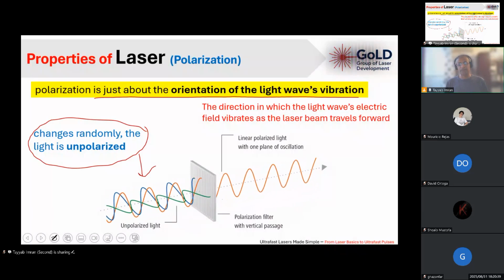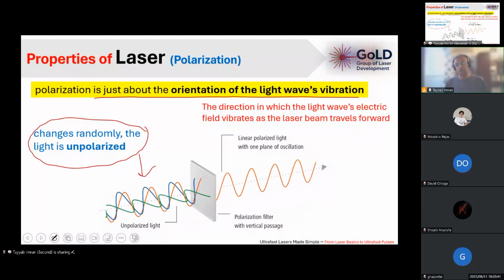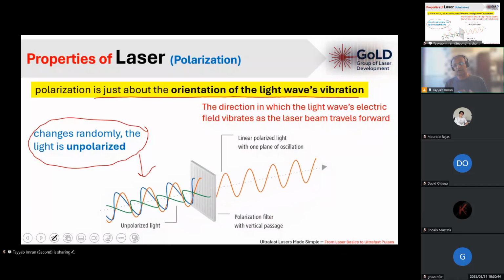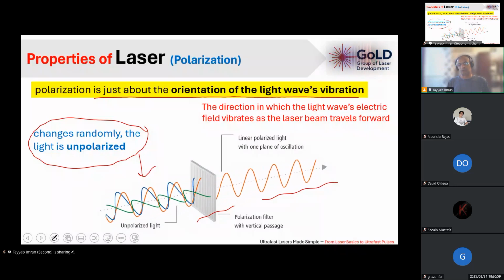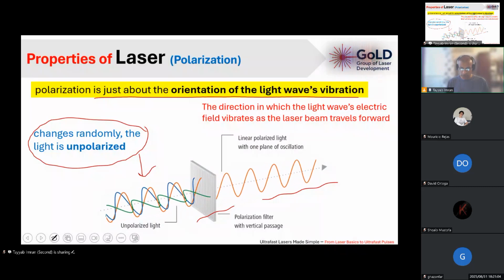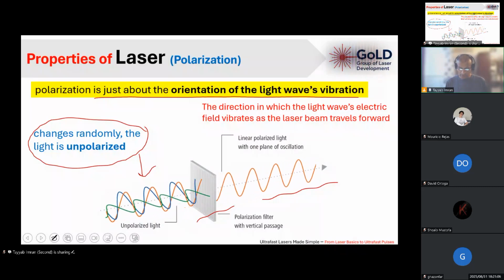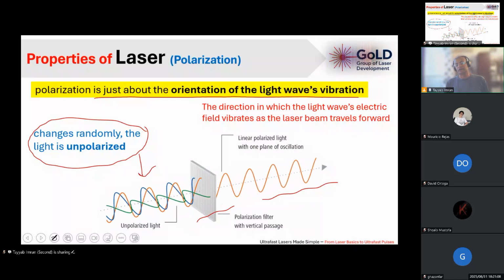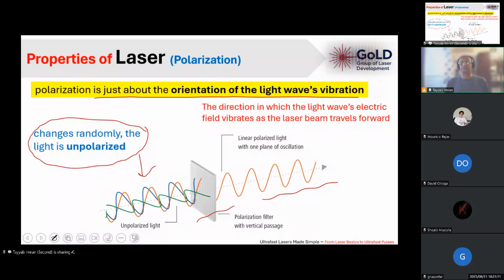If it passes through a polarizer or polarizing filter, it becomes polarized. It depends what kind of polarizer, whether linearly polarized, circularly polarized, or vertical polarization.